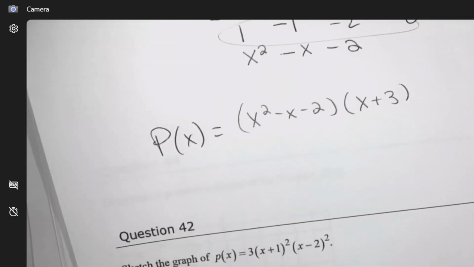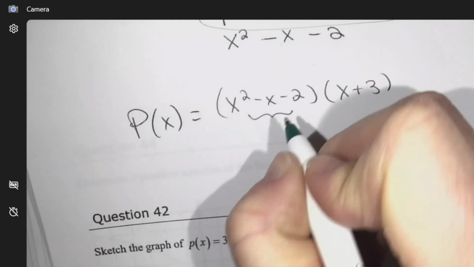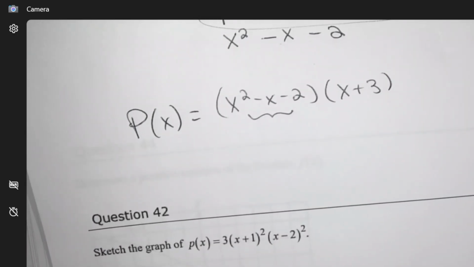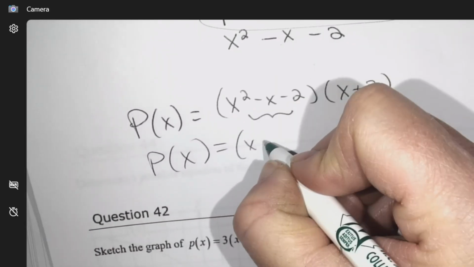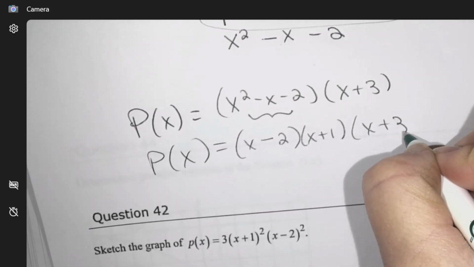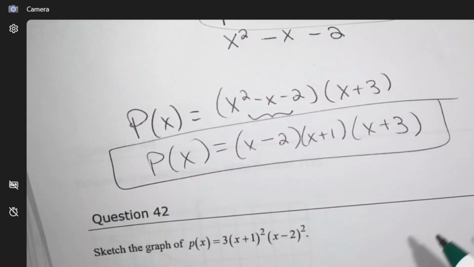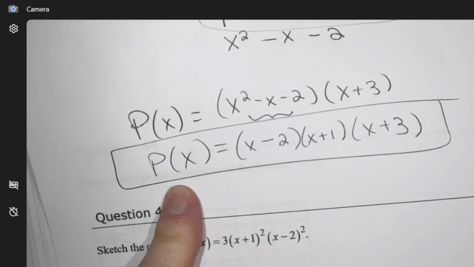I'm not done because it says completely factor, so this you need to do by hand because it's just a simple trinomial. Common mistakes, people forgetting p of x.